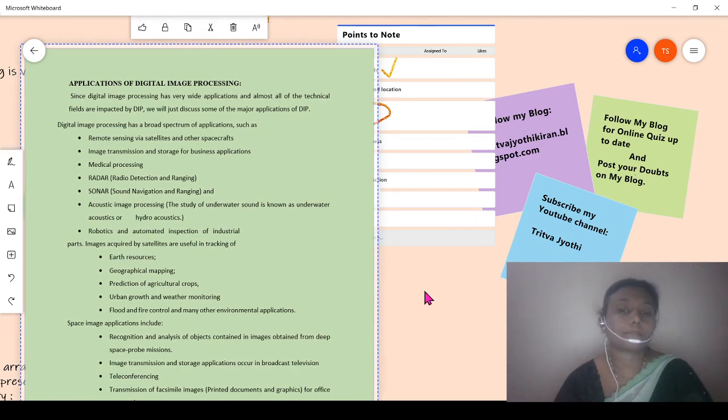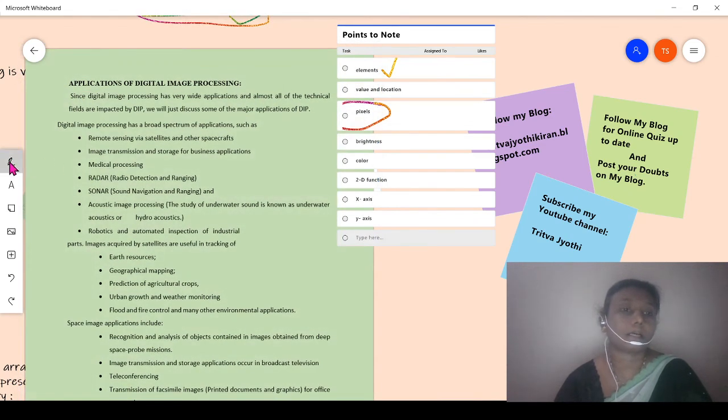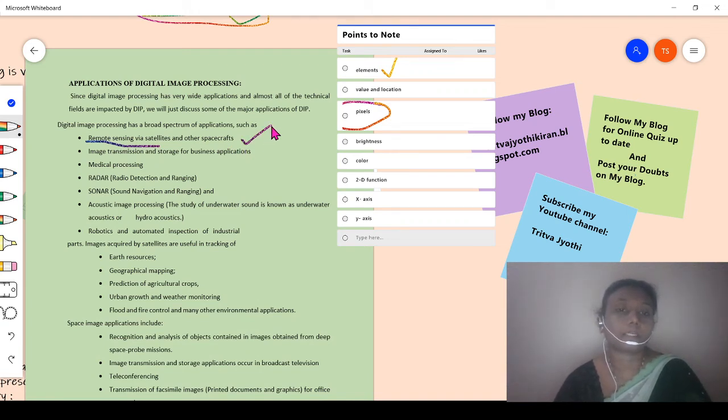This is very important in remote sensing, via satellites and within spacecraft. Image processing plays a very important role in this domain, and in image transformations and storage within business applications also.